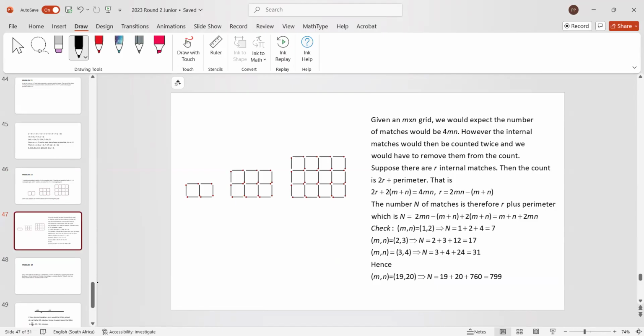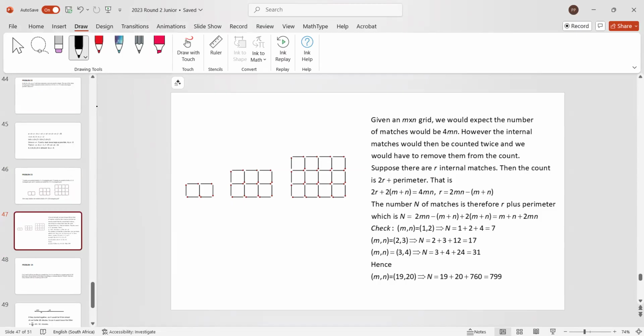I got 779, but it says in an M by N grid, there's something there. All right, just please look at this answer and see whether that argument is correct and decide.